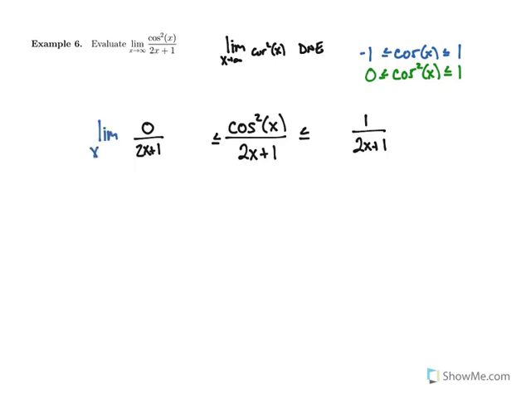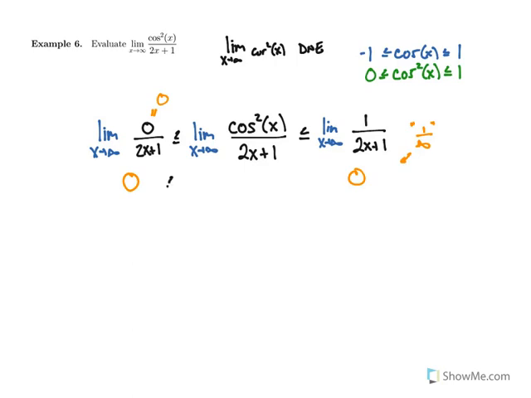Then we're going to take the limit for each of these, the limit as x approaches infinity. And hopefully we get that the left and right-hand side are both the same value. That tells us that the middle is the same value. The left is just 0 because the whole function is equal to 0. And the right is 0 because we have this 1 over infinity, which we know is equal to 0.